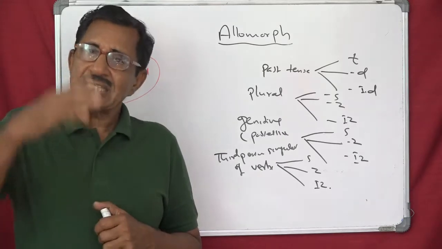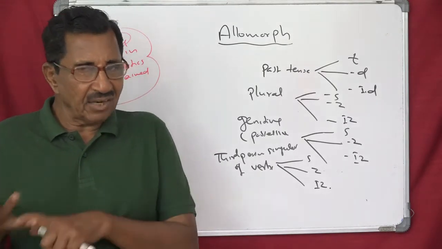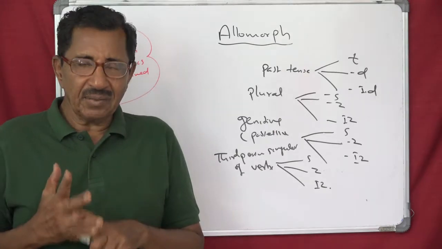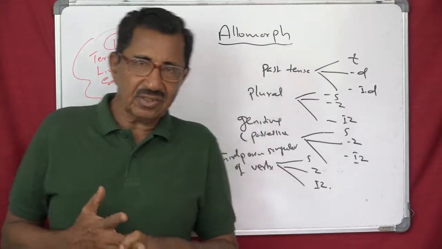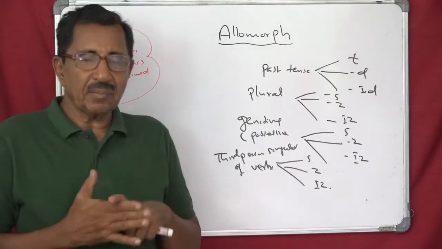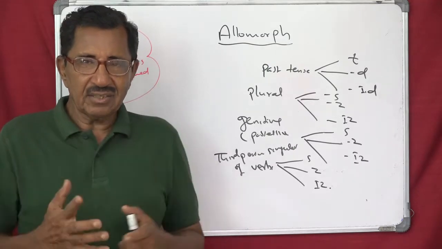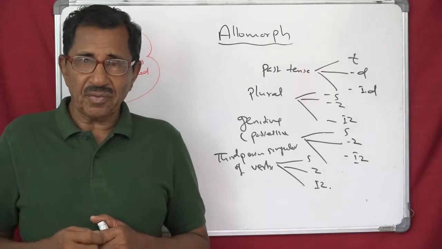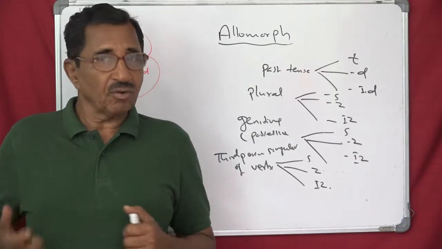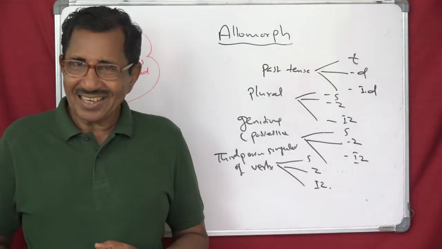Semantically similar means of same meaning. So you have got past tense same but three different forms. Plural, same meaning, but three different forms. Then possessives, three different forms. And third person singular of verbs, three different forms. So these different forms we call variants of a morpheme. And variants of a morpheme you call allomorph. I think it is clear to you.